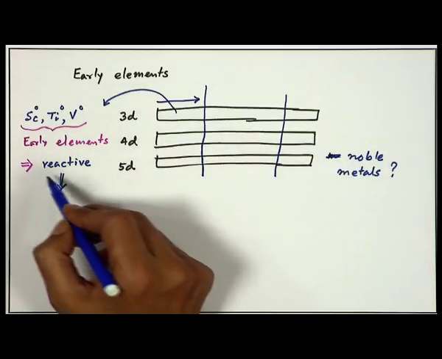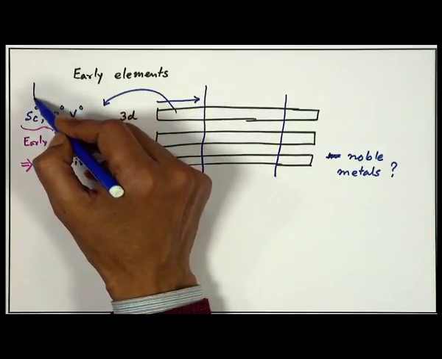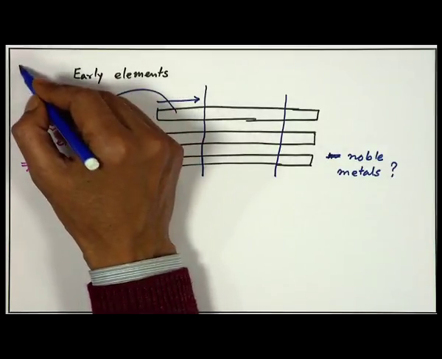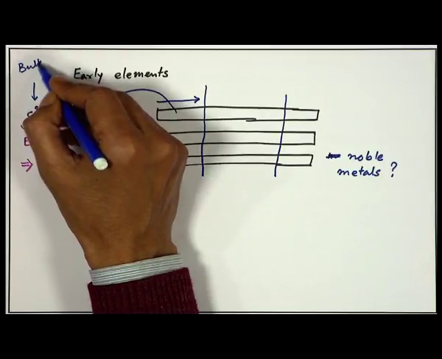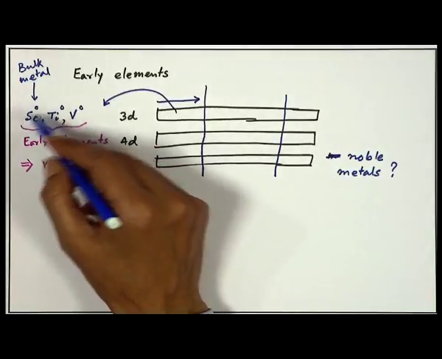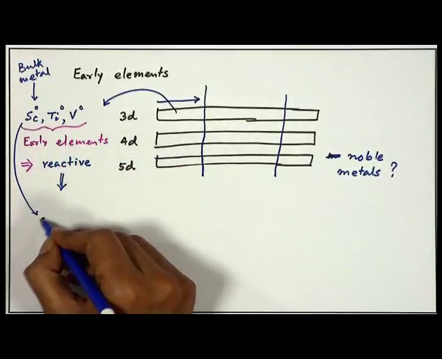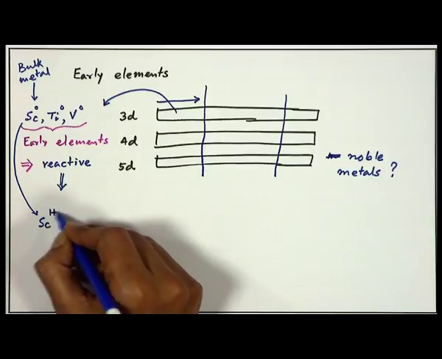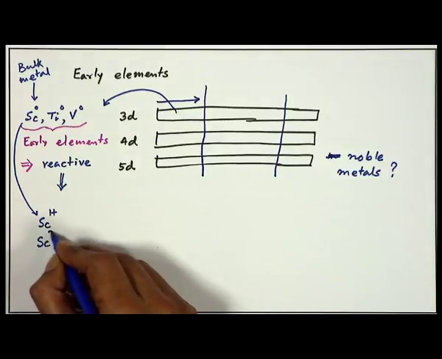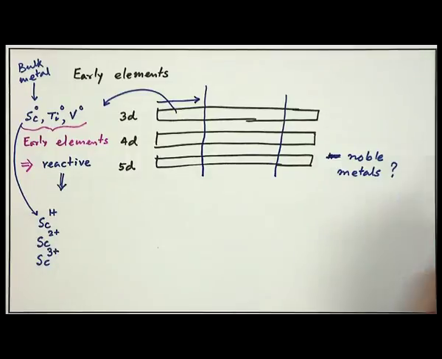So, this is a thermodynamically driven process where we go from the bulk metal to the corresponding atomic state, and this can undergo the corresponding oxidized form, scandium 1 plus, scandium 2 plus or scandium 3 plus.